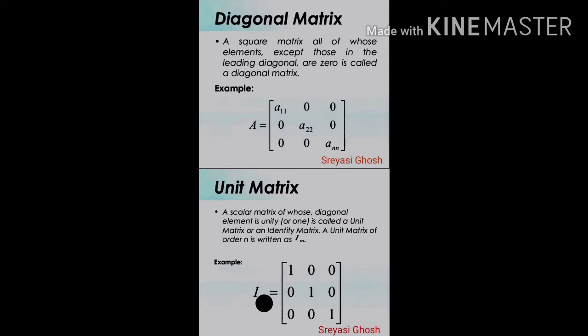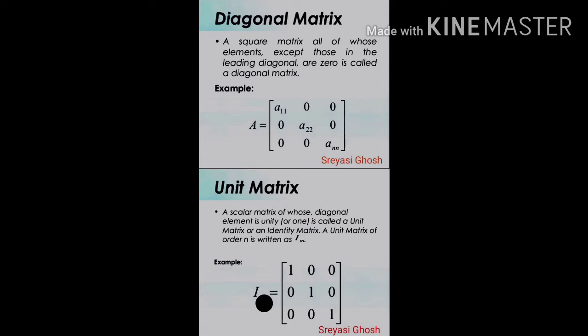Next, we come across the diagonal matrix. A diagonal matrix has the principal diagonal elements non-zero. All the other elements will be 0. A corollary of a diagonal matrix is a unit matrix. And of course, here we will see that the value in the principal diagonal will be 1 and all the other values will be 0.